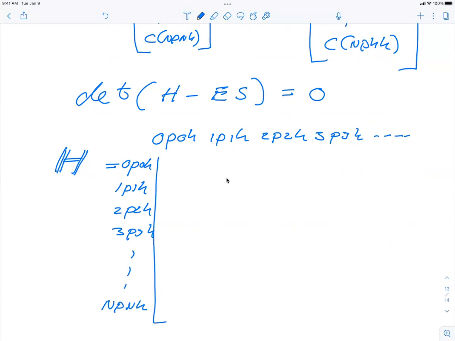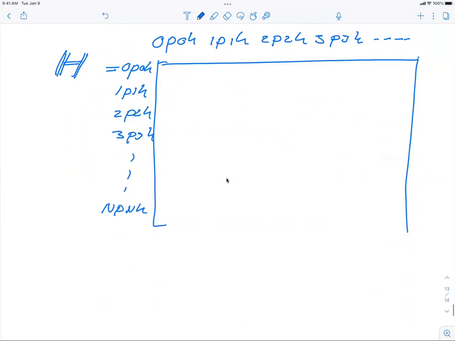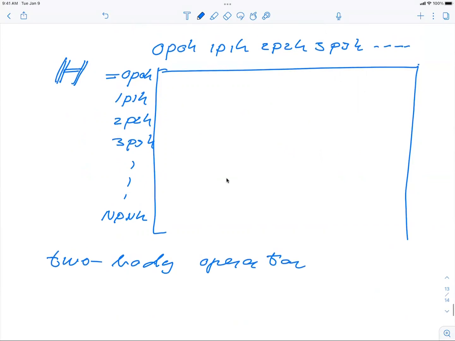And then we have matrix elements here. So if we look at the general structure here, and we have a two-body interaction operator, you can just write it as a two-body operator at most. That means that here we will have matrix elements which may not be equal to 0. The same here, the same here.